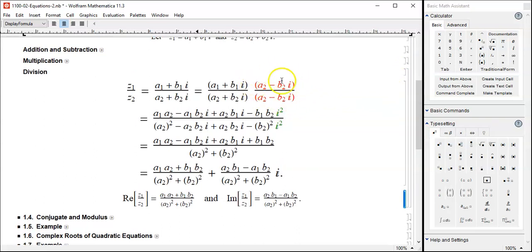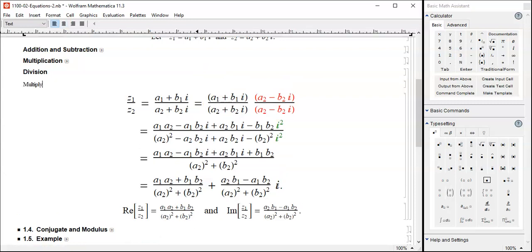So remember one thing: multiply the conjugate of the denominator. This thing is called the conjugate. Multiply the conjugate of the denominator to both numerator and denominator.